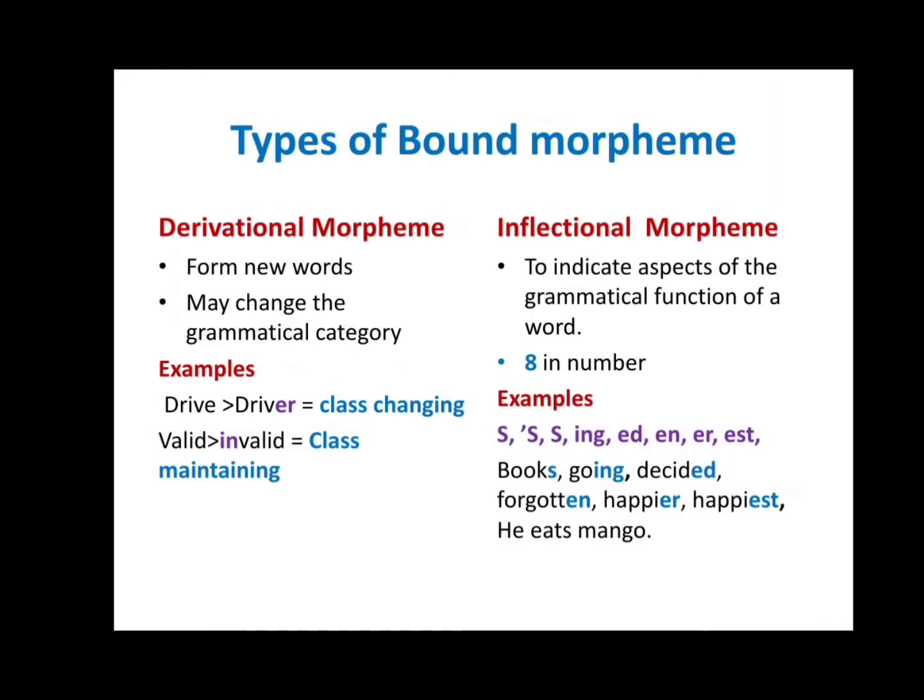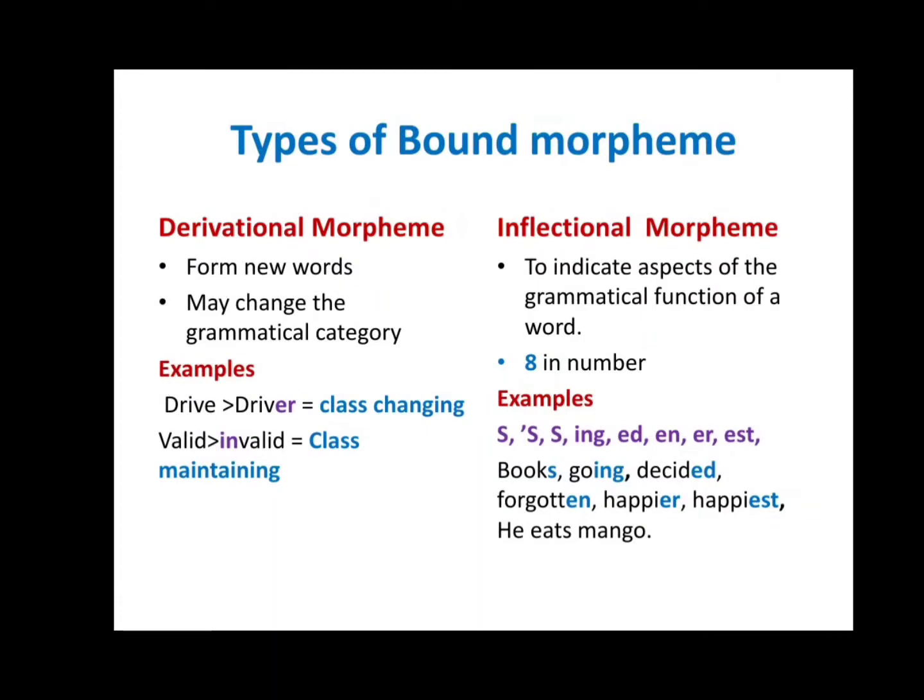S, plural s, like books. Apostrophe s, that shows possession, boys' books, possessive noun. And third person singular, he eats mango, as this s represents.